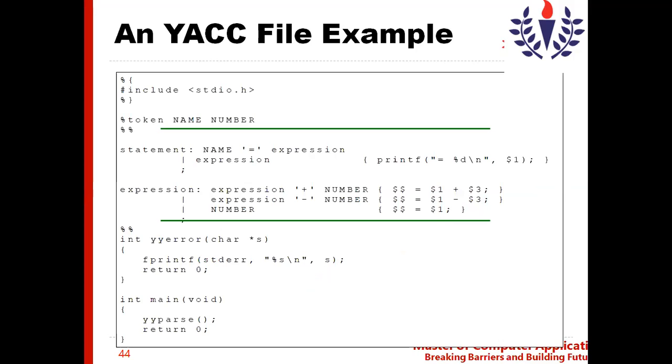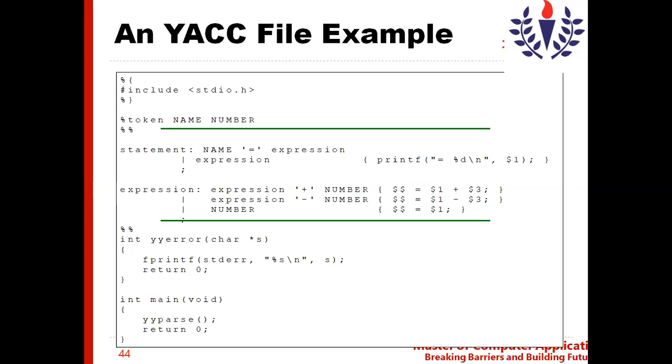Now, if you look at the second grammar, I will come back to this action part later. If you look at the grammar, in the same way as we have in the Lex program, we have it in Yacc also. In Yacc also we have the grammar and the corresponding action.